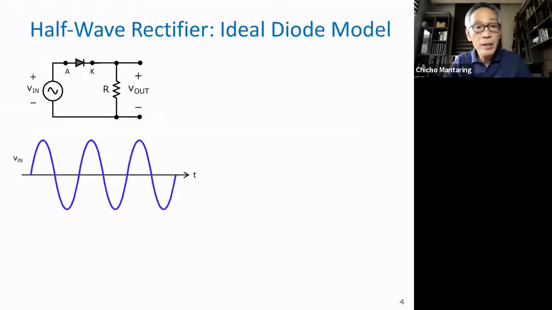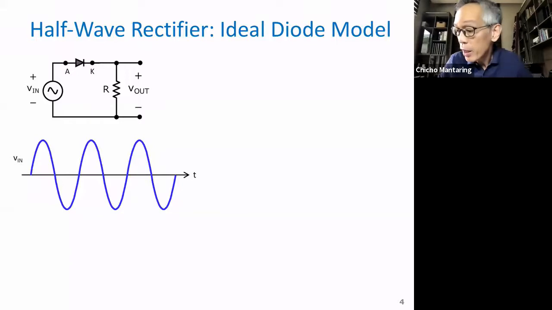So the first circuit that we're going to take up is the half-wave rectifier. And we're going to analyze this on the basis of the ideal diode model. Okay. So how do we know when the diode is conducting? We have 2 techniques. One is to assume it is conducting, to replace it with its equivalent model, and then determine what the direction of the current will be.